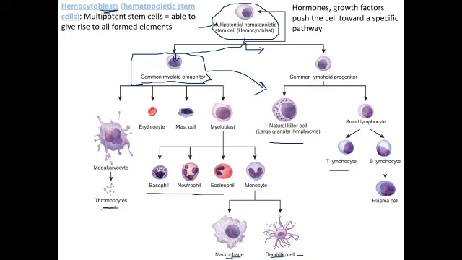Okay. Ultimately, what pushes this differentiation into a myeloid versus lymphoid progenitor cell are hormones. So depending on what you need, if you need more red blood cells, you'll have one hormone controlling the process. If you need more T lymphocytes because you are trying to fight an infection, you will have different hormones or growth factors.